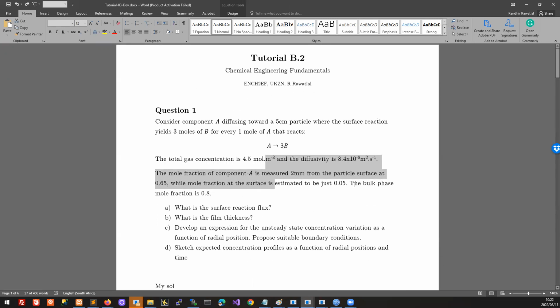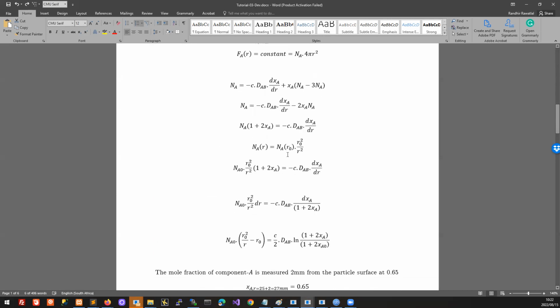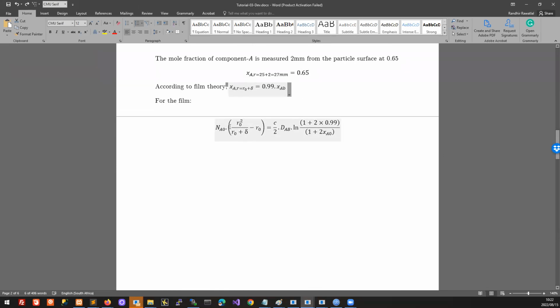And then we ask after that, so what's the film thickness? It's the same situation, so NA naught has not changed. We've got some updated numbers here, and the only thing we need to solve for is delta.